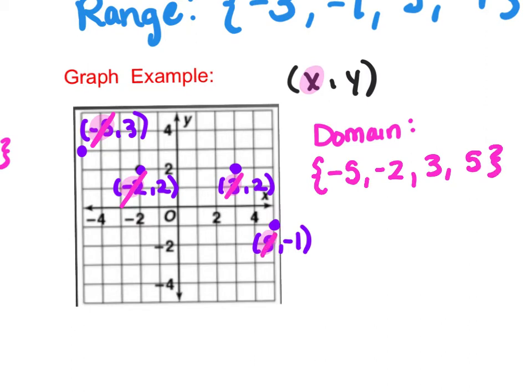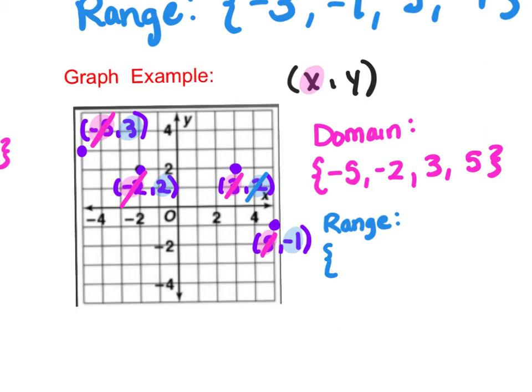Then for my range, the range is the y values. So if I highlight my y coordinates and then check to see if I have any repeating values, there are 2 y coordinates with a value of 2, so I'm going to get rid of one of them. And now I'm just going to list them in order.